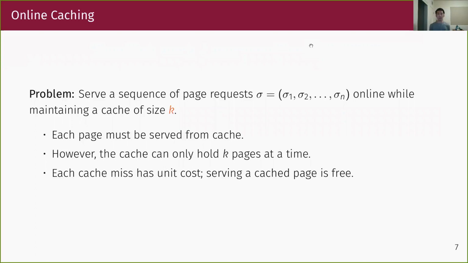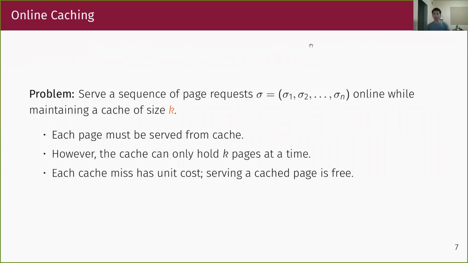So the classical online caching problem says that we want to serve a sequence of page requests, sigma 1, sigma 2, through sigma n online, while updating and serving our pages from a cache of size k. We have to serve every page from cache, but this cache is limited to holding at most k pages at any given time. To serve a page, if our page is already in the cache, then it's fast.